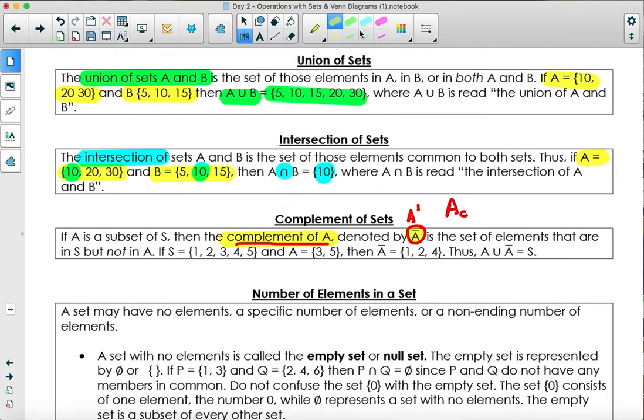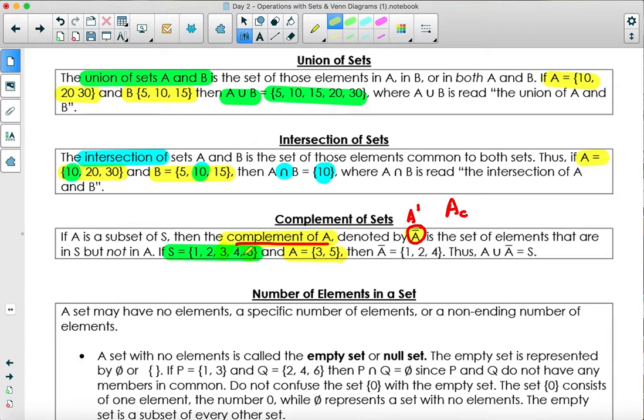But when you are finding a complement, you're going to have some larger set, in this case set S, because it has the numbers 1, 2, 3, 4, and 5, and then some smaller set that's actually a subset of that. So set A is a subset because both 3 and 5 are showing up in the larger of the two sets.